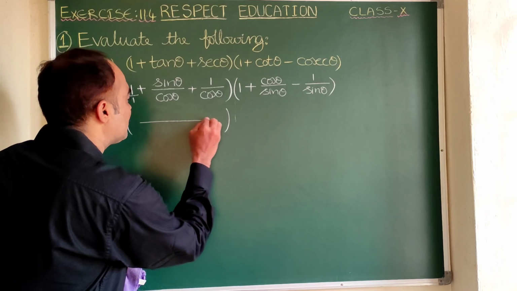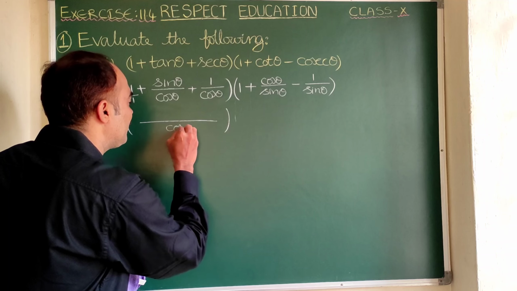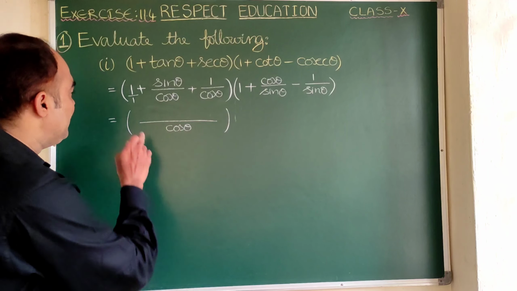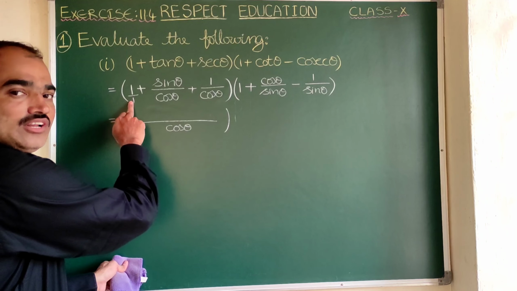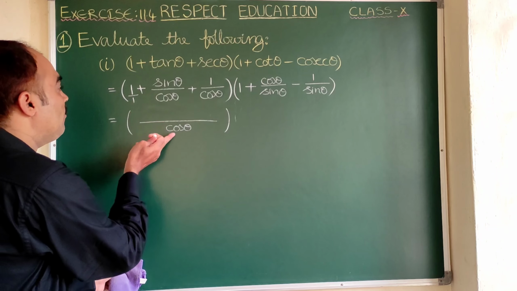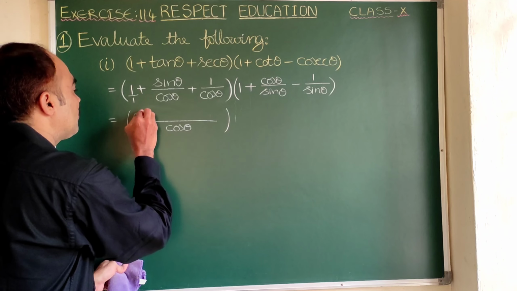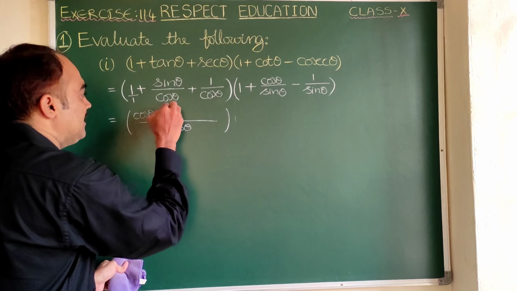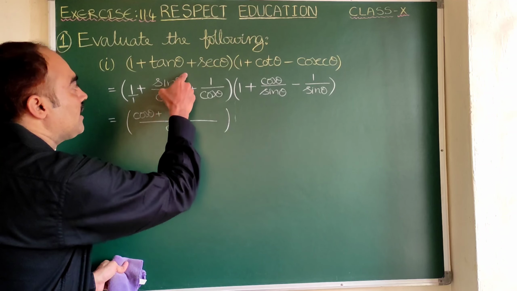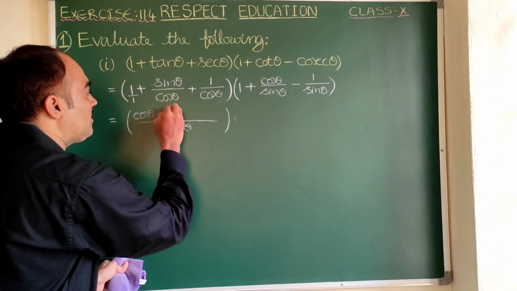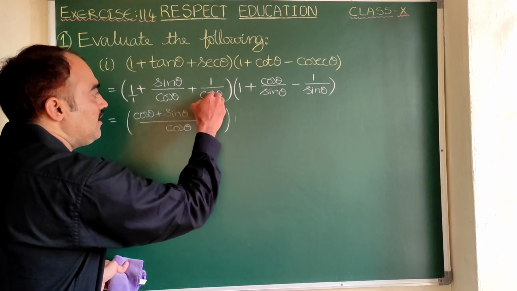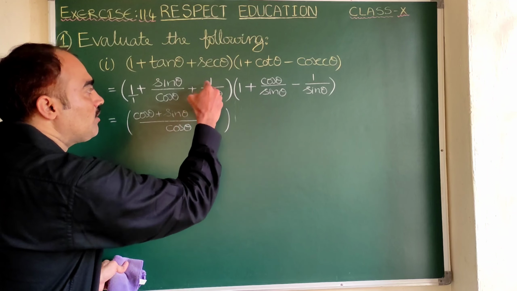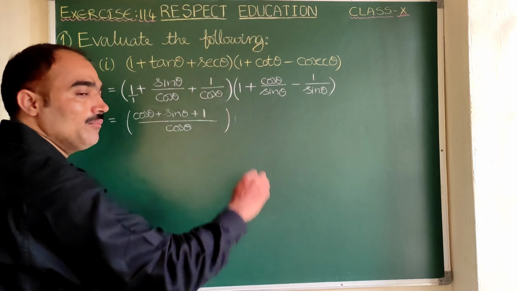So let us take cos theta as the LCM. As 1 does not have denominator cos theta, we multiply: 1 into cos theta is cos theta. Plus, since the denominators are equal, we write the numerator same: sin theta. Plus 1 will come.